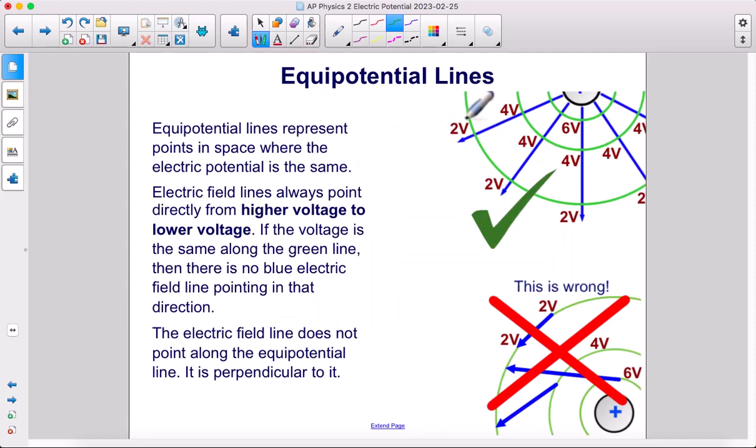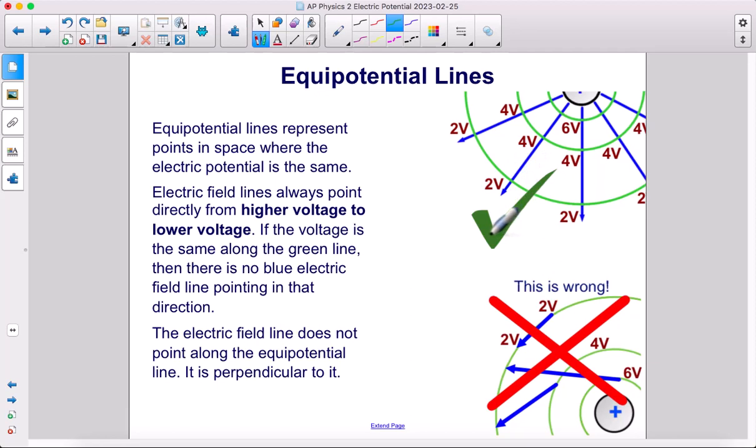Equipotential lines represent points in space where the electric potential is the same. You could think of that as being the altitude. Electric field lines always point directly from higher voltage to lower voltage. If the voltage is the same along the green lines, then there's no blue electric field line pointing in that direction.